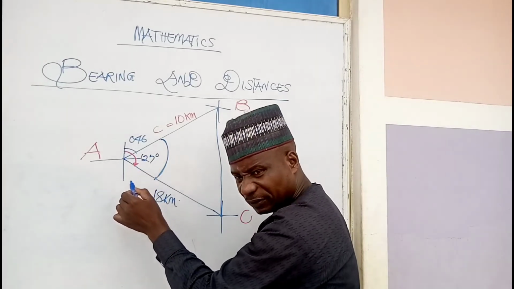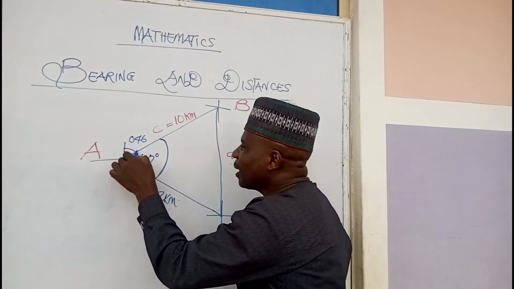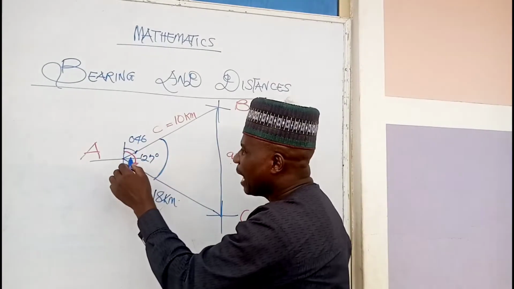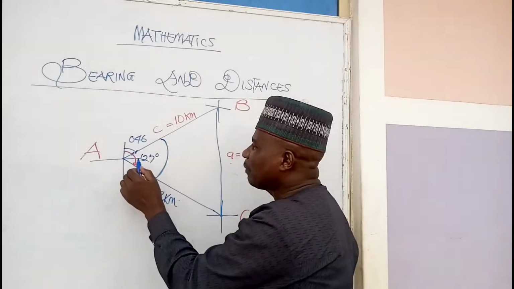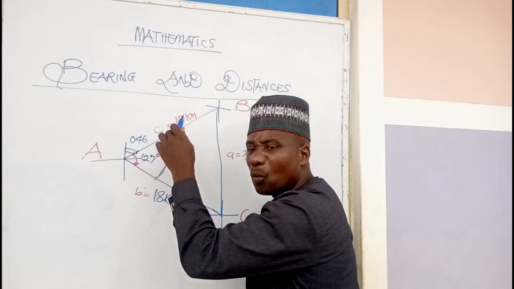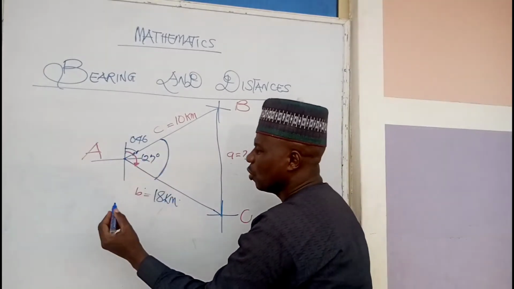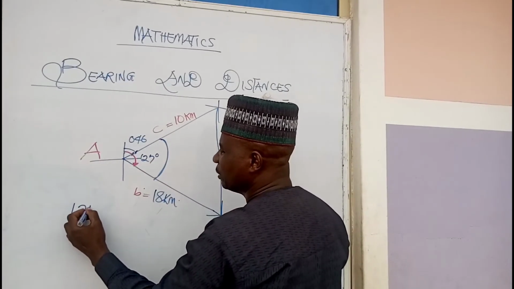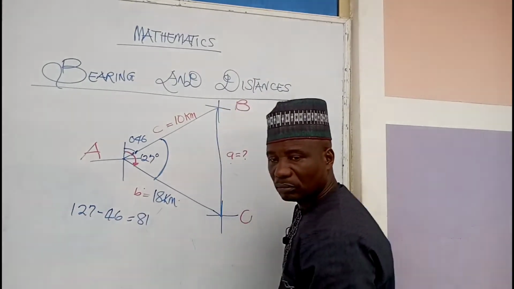That is 127. Now, but I know from here to here, what is it? 46. Then I have to minus that 46 from 127. And when you minus, 127 minus 46, that is 81.